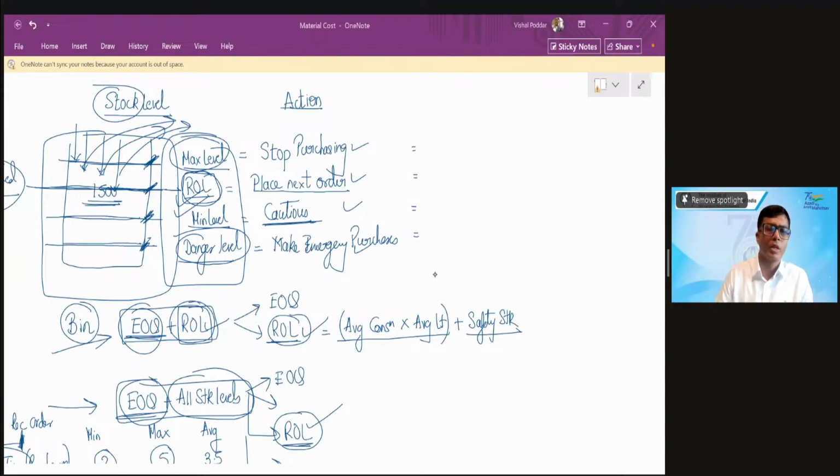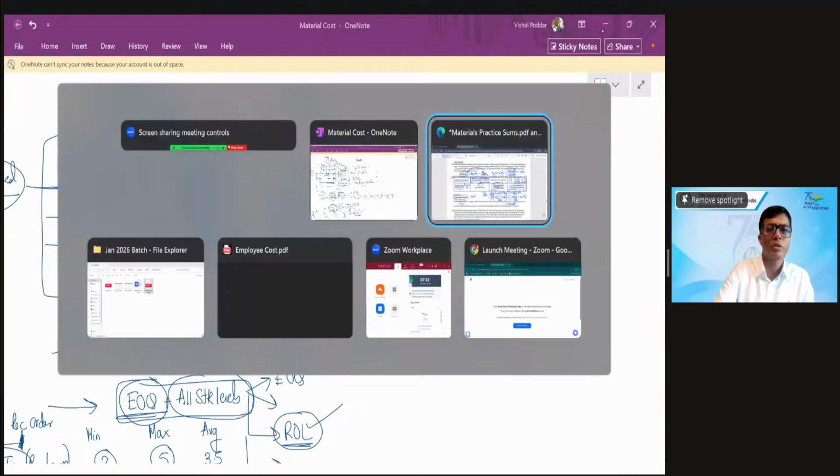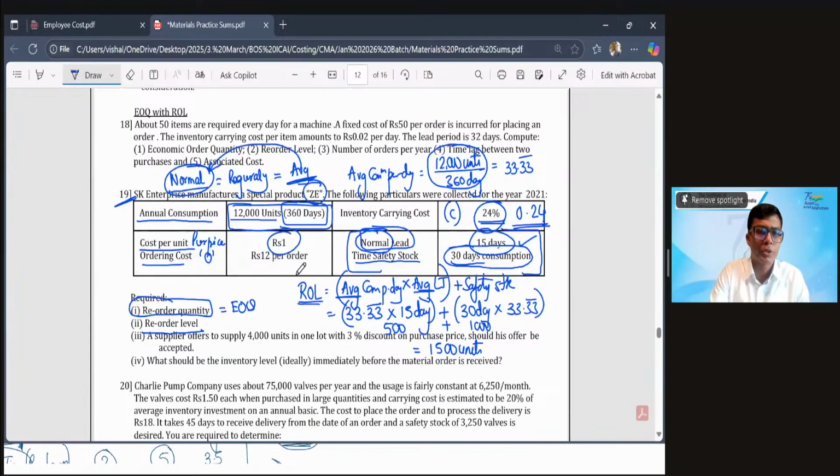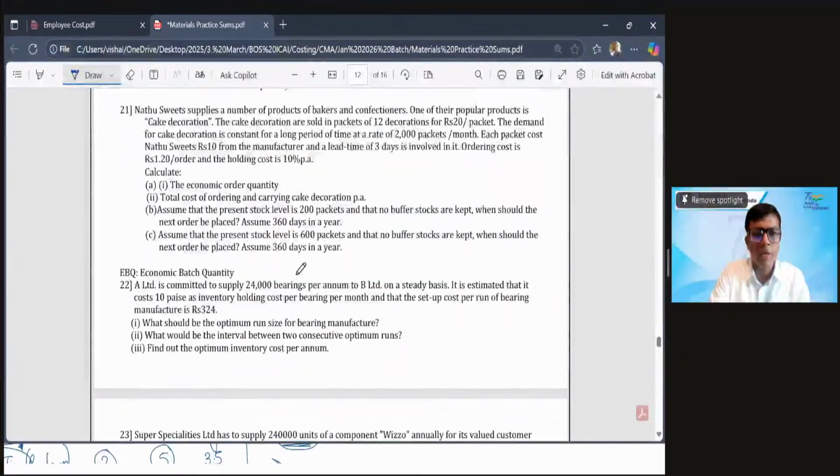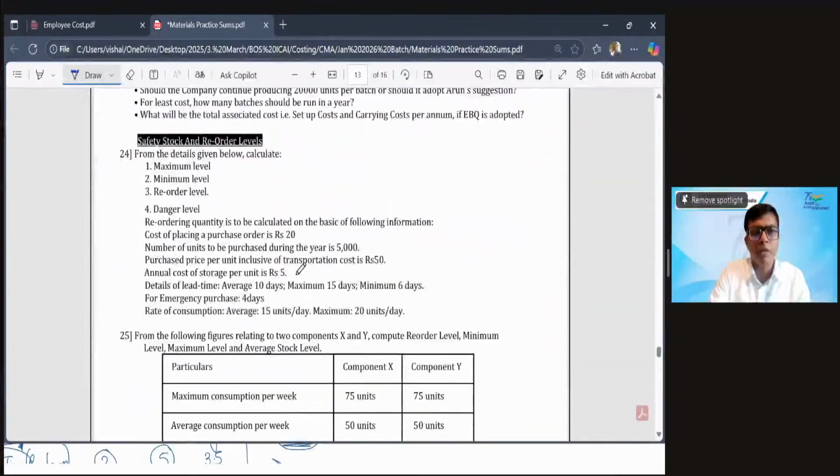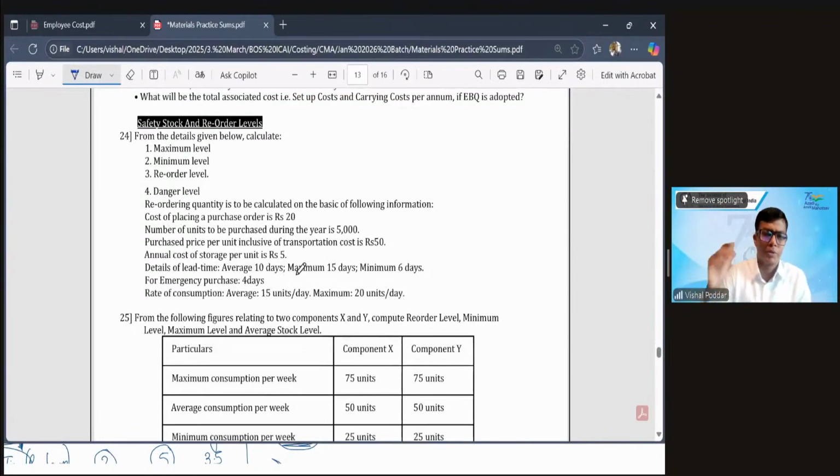Fine. Now, we understood stock level in this type of question where only reorder level is asked. Now I take you to the question where they are asking you all stock levels. Where all stock levels are asked, how do you understand?